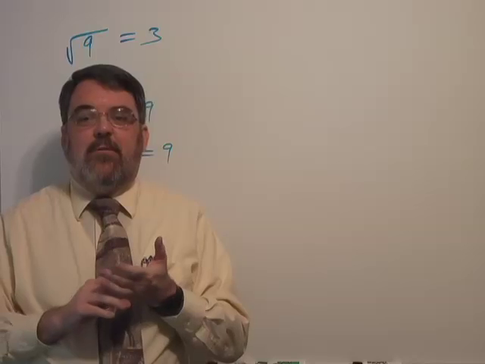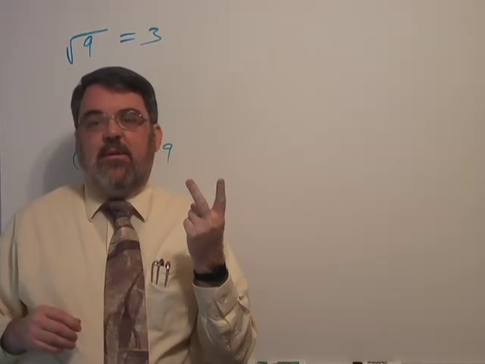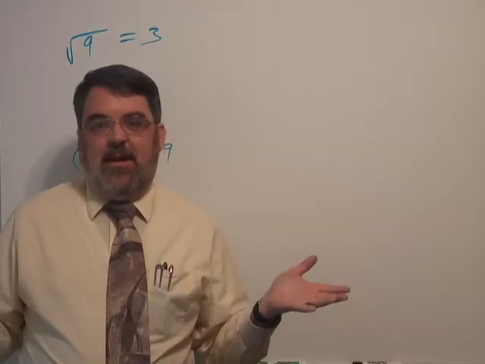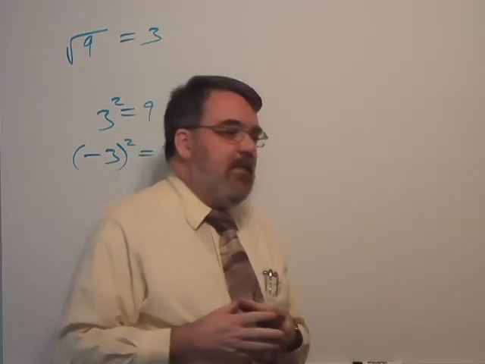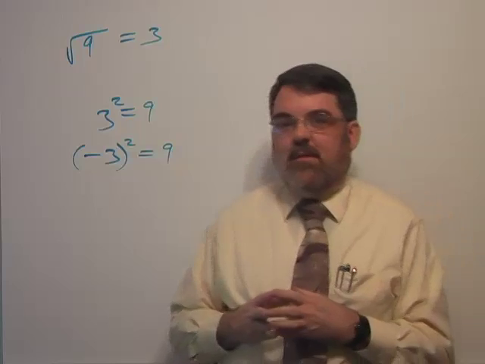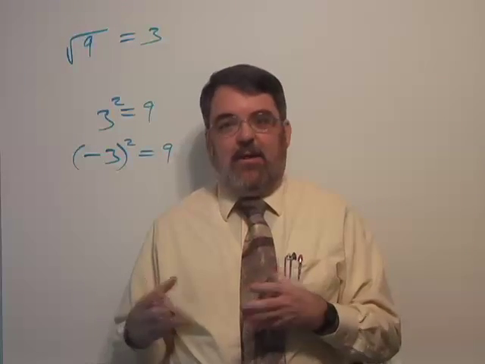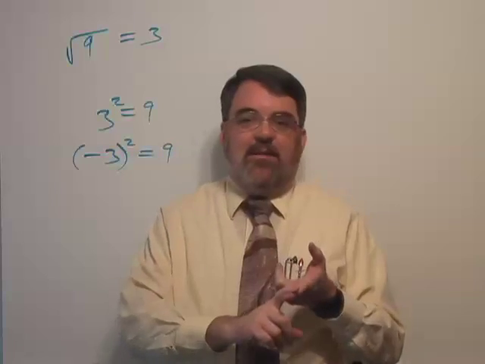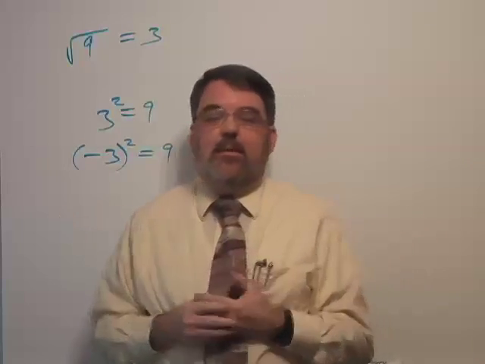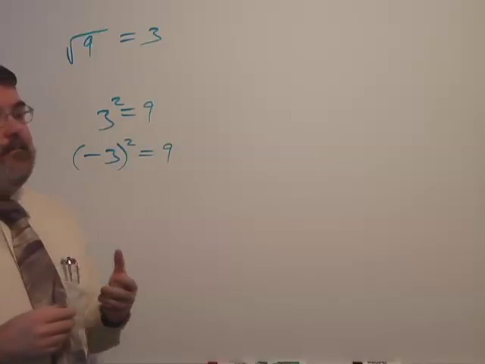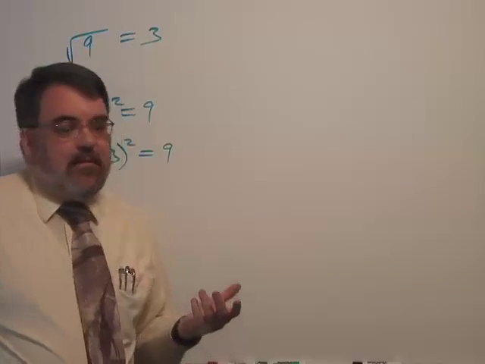So to say that the square root of 9 is equal to two different numbers means that there would be two outputs and it would not be a function. So we define square root to have a non-negative answer. Non-negative means it's either positive or it could be 0 in the special case of the square root of 0. In other words, a square root can never equal a negative number.